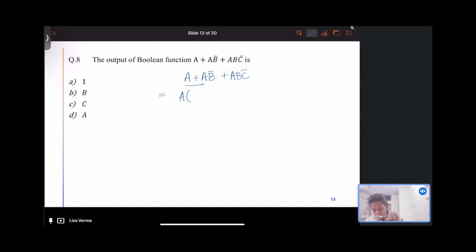That will be A into 1 plus B bar, plus ABC bar. Now we know that any input ORed with 1 will give us, like, what is the truth table of OR?